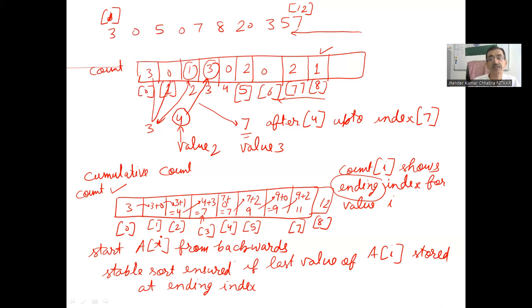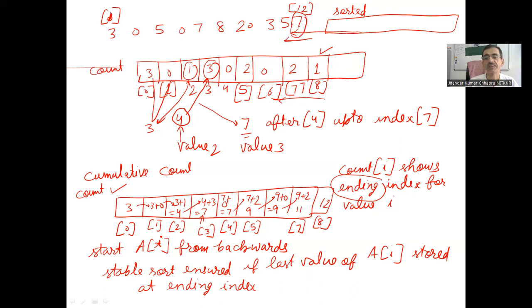But effectively, that means that now, just for saving the memory space, I'm saying I have a sorted array, again 12 positions. I start with this value, from backward I start.